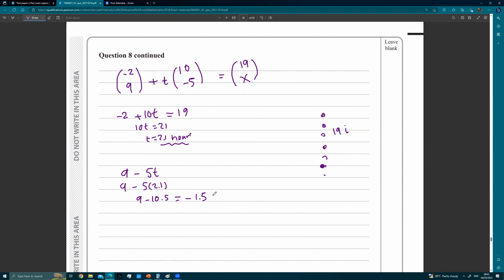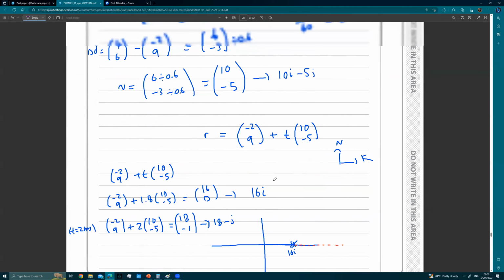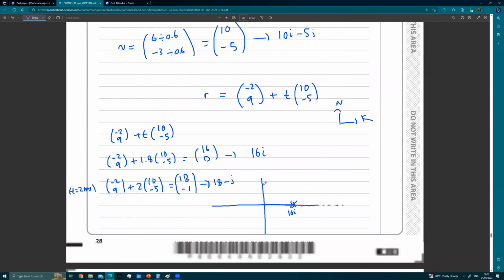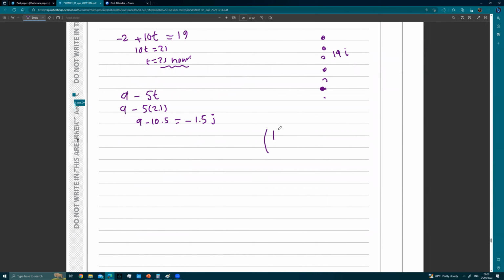So it's going to be minus 1.5j. So the final position of the ship when it's directly south of the lighthouse is just going to be 19i, because it's right below the lighthouse, and then minus 1.5j. And this was via calculation. I hope this makes sense. Have a lovely day.